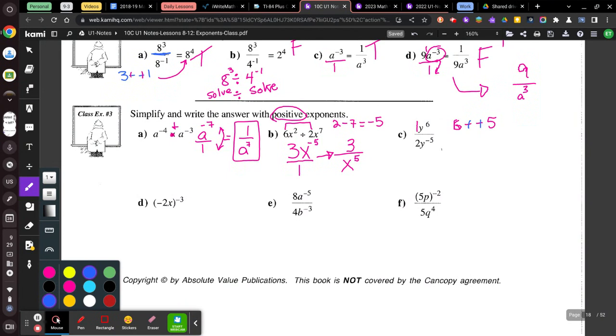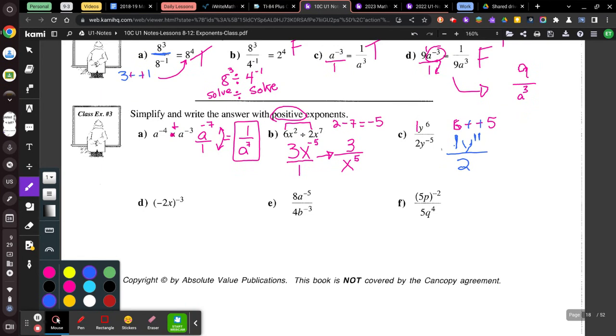That's going to give you 11. So you're going to get a hidden 1 on top. Whenever you solve your variables, they go on top to start with. 1 y to the 11 over 2. That should be y to the 11 over 2.